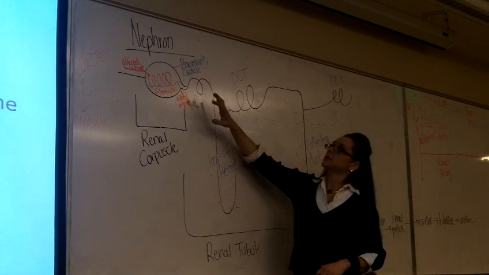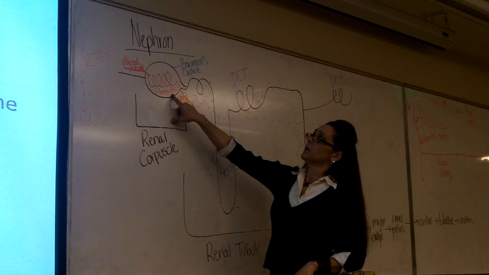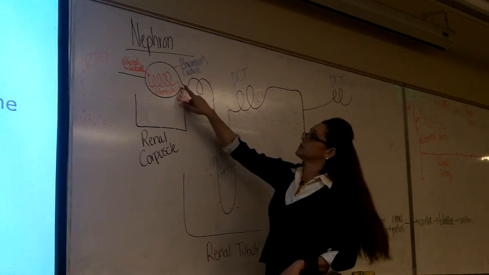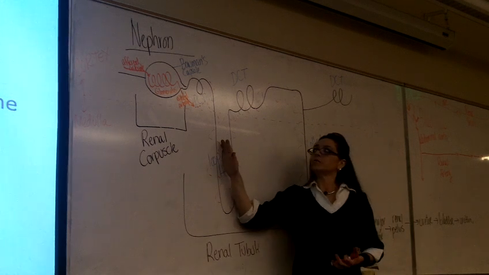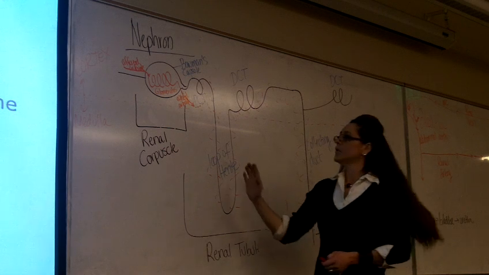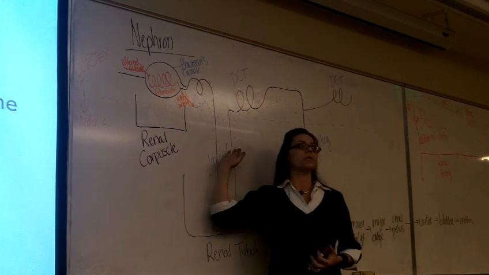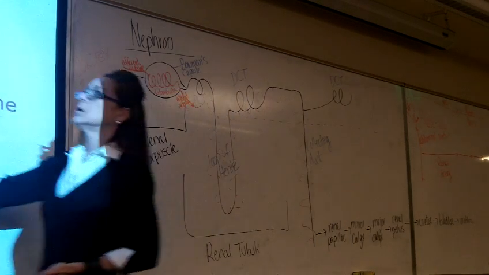So that means that as that filtrate leaves the corpuscle, as it leaves Bowman's capsule, it starts traveling through the renal tubule. What we need to do is, most of what we just put in that filtrate, we have to reabsorb it. We have to put it right back into the blood. And that's what reabsorption is.